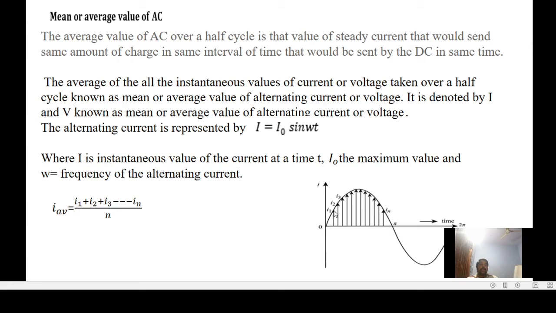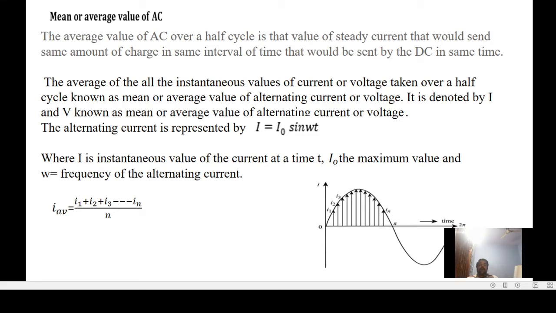Here I1 is the instantaneous value of current at this point, I2 is the instantaneous value of current at this point, I3 is the instantaneous value of current at this point. Therefore, it is difficult to specify the magnitude of current as it is not a constant value. Hence, we calculate the average value of AC.